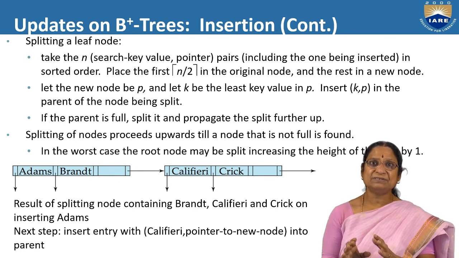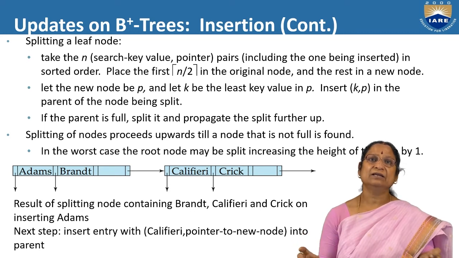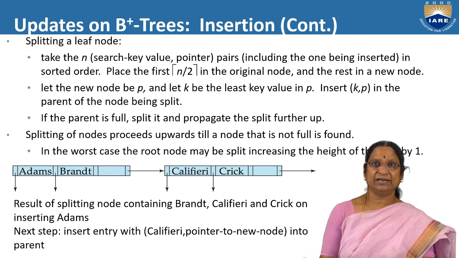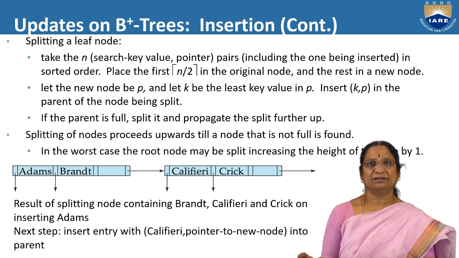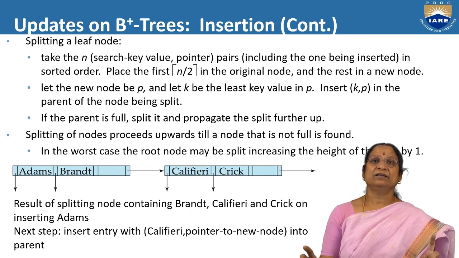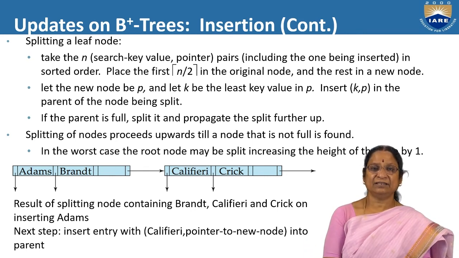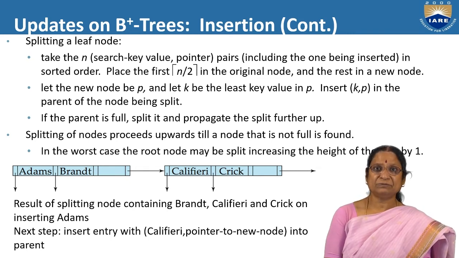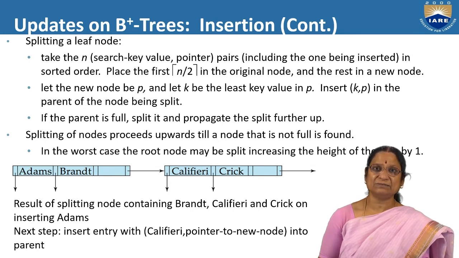The next 50% of the values are moved to the new node created. According to that, the parent has to be modified. While modifying the parent also, a new pointer is going to be added. If space is available, it's okay.